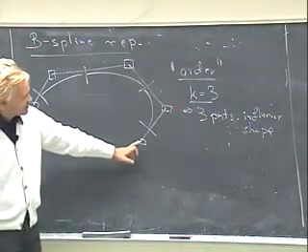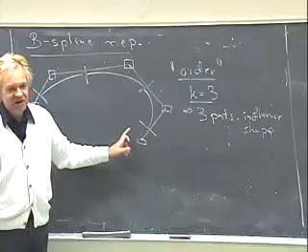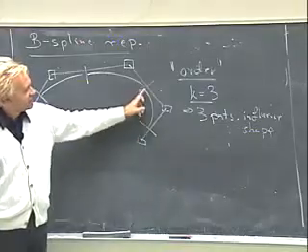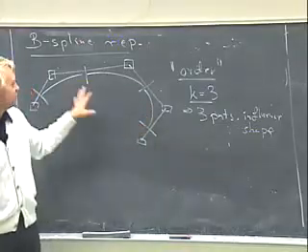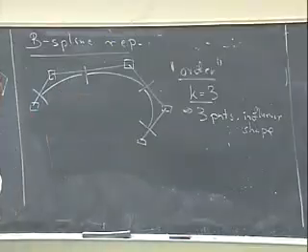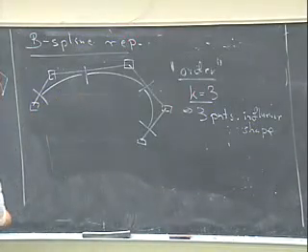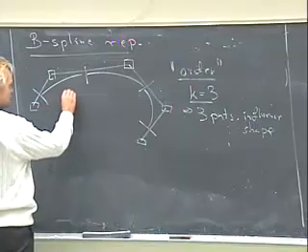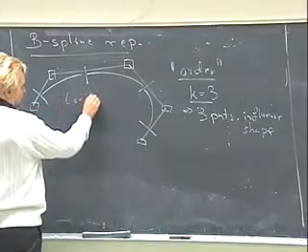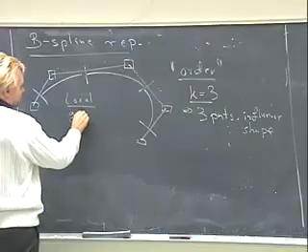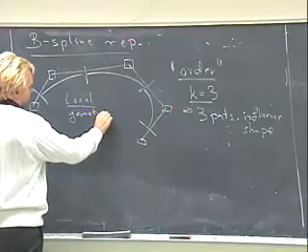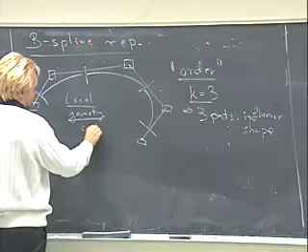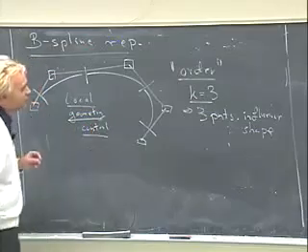And for example, when you take this point and you move it around, it will only affect this segment and not that segment. That's local control, right? So that's why this is good. Local geometry control. Okay, cool.